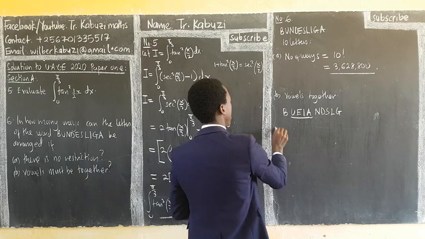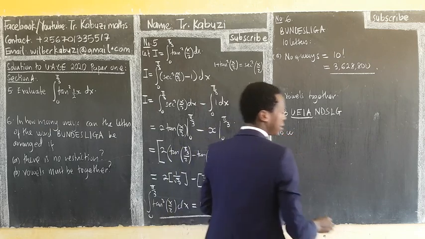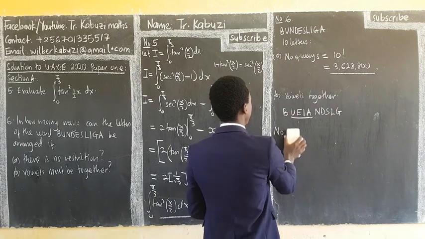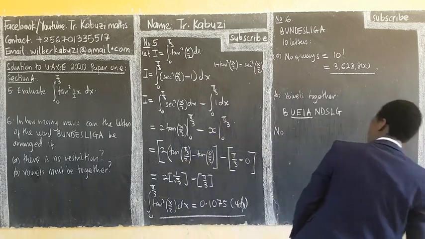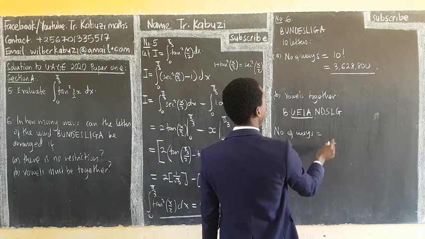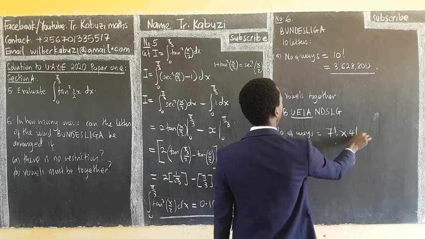So here, number of ways, we are going to be having 7 factorial times 4 factorial.